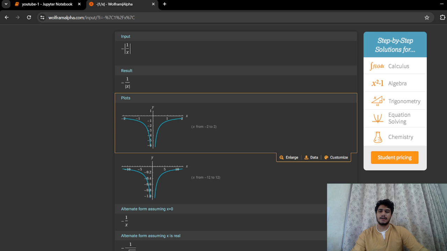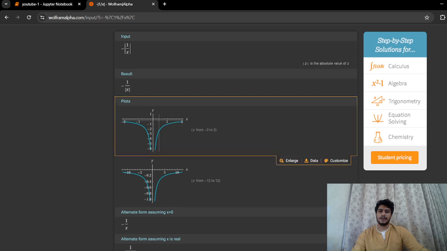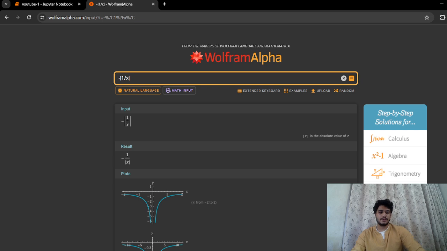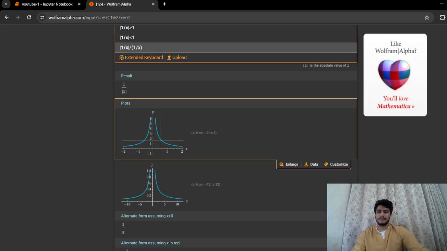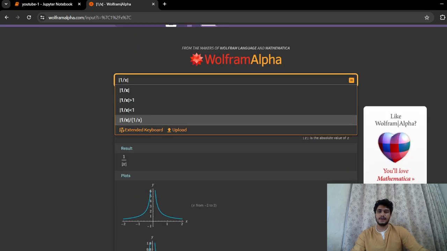Here, if you see, this is the plot of 1 over x. So if you look at this, when x becomes infinity, the 1 over x function becomes 0, and when x becomes very small, this is close to infinity.